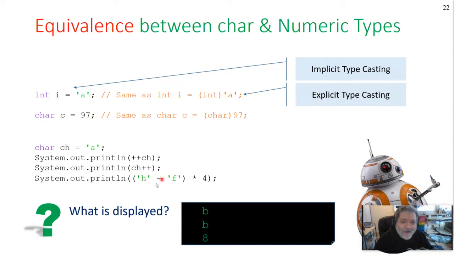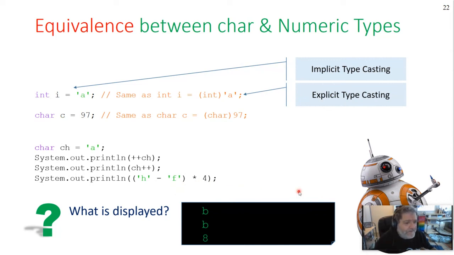So h minus f, 104 minus 102. If I check the ASCII table, 104 minus 102 gives me 2. 2 times 4, 8. But I can also look at the alphabet order and say f, g, h, etc. How many letters are between h and f? 2 letters. So I'm going to say 2 times 4, and there we go.